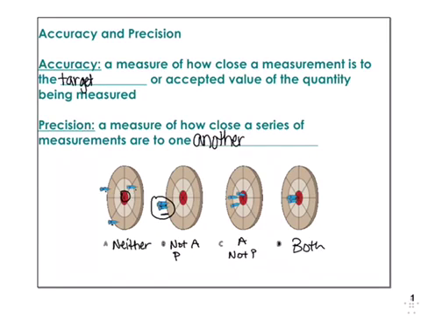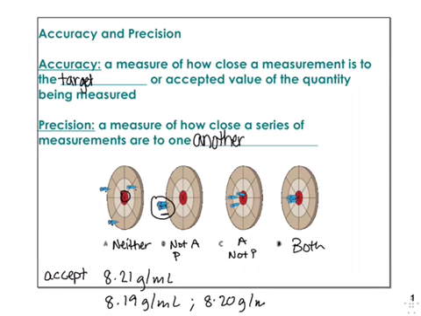And so we can do this with numbers too. So if the accepted value for a density of an object is 8.21 grams over milliliters, if you had 3 measurements and one was 8.19 grams over milliliters, one was 8.2 grams over milliliters, and one was another 8.2 grams over milliliters, would that be accurate, precise, neither, both, one of the two?